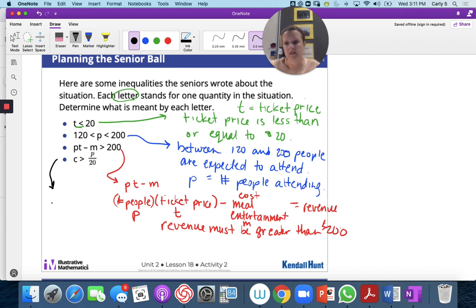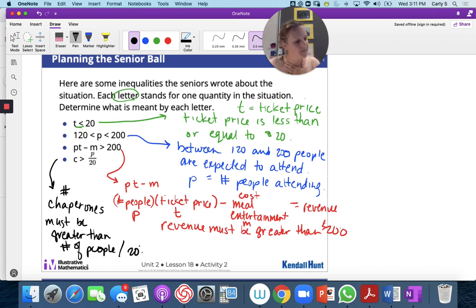Well, that would be the chaperones, so the number of chaperones must be greater than the number of people divided by 20. The number of chaperones must be more than 1/20th of the number of people attending. Cool. So those are our constraints.